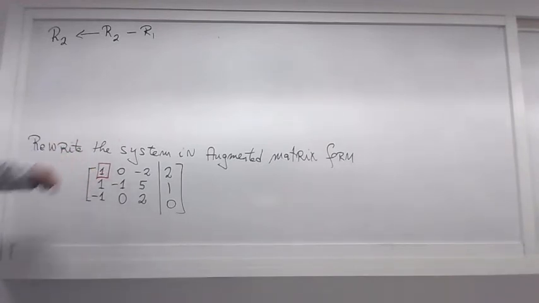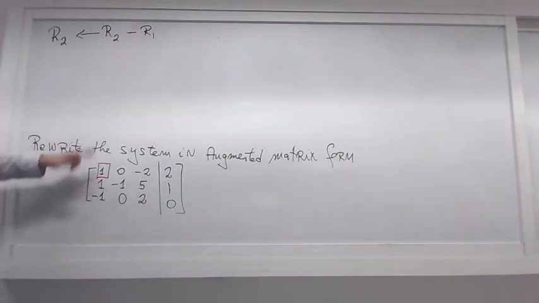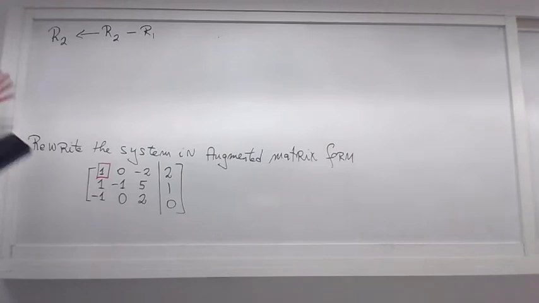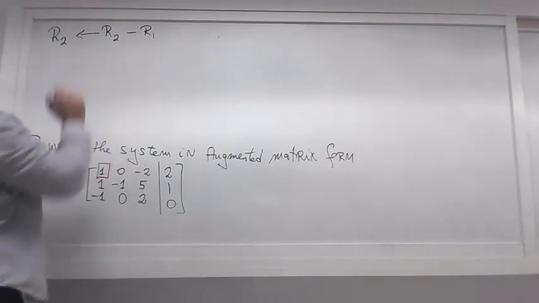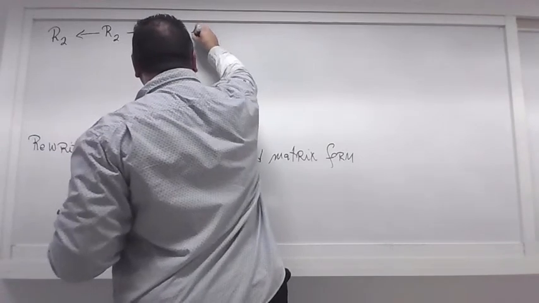You can easily do the multiplications that you need. In this case, it's just subtracting. But later on, if I have 7 here instead of 1, then to kill the 7, I would replace row 2 by row 2 minus 7 times row 1. So, beautiful. This is the first operation I need to do. The first row doesn't change.